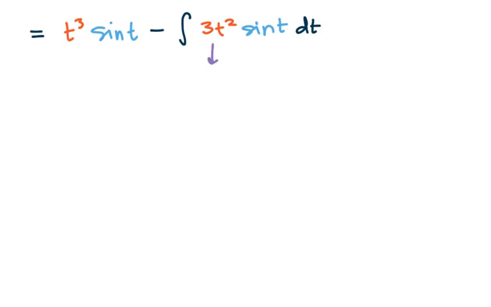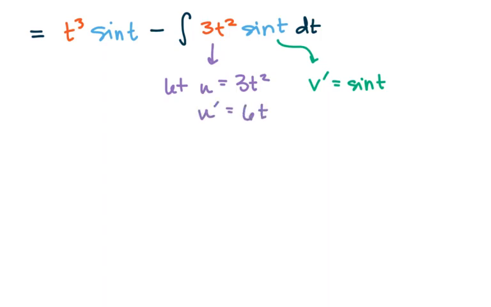In this case, I'm going to say let U equal 3t squared, and then v prime will be sine of t. So u prime is 6t, and the integral of sine is negative cosine t.